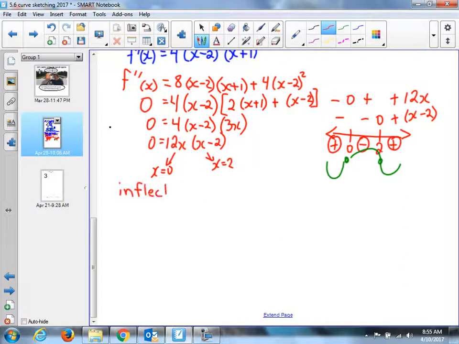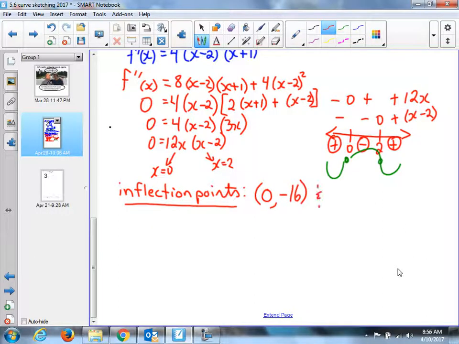So let's just go with the inflection points. As the second derivative switches signs, we've got a point at 0, comma, in the original function. Take a look: negative 2, that's the 8 plus 16, negative 16, using the original function.